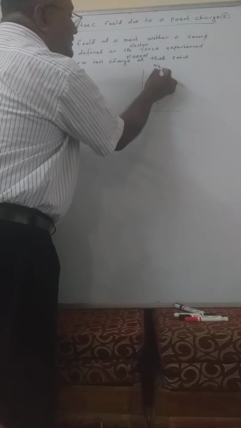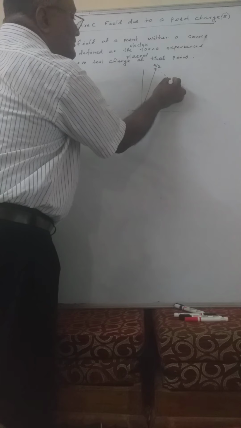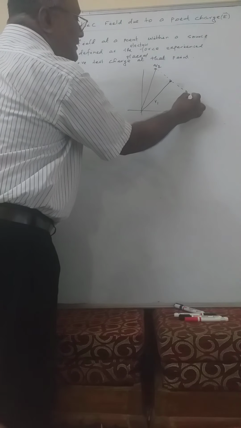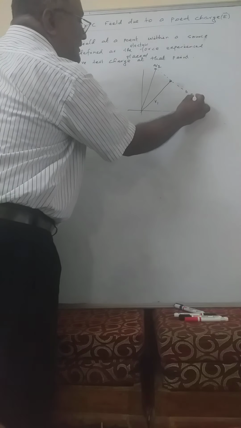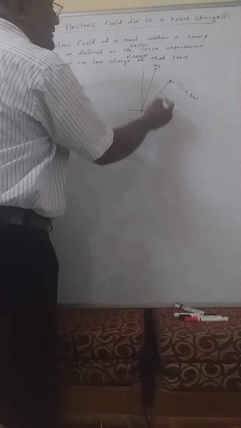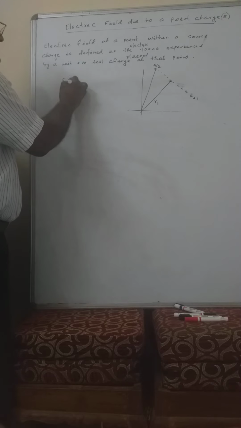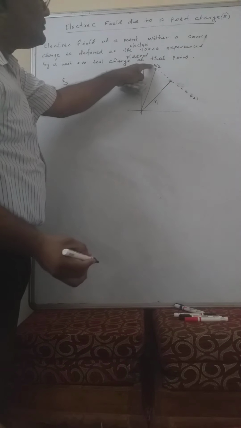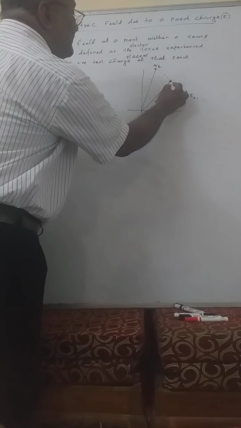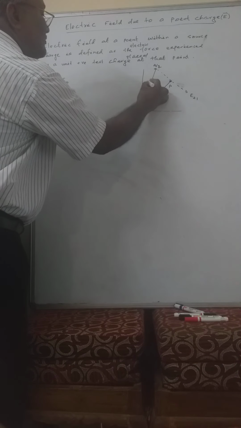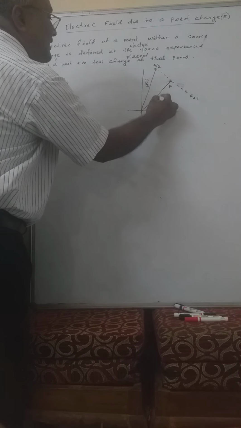The field direction will be positive, away. So this will be the direction of field. This is E21. So what is the magnitude of E21? E21 means electric field due to charge Q2 at point P. So this vector is r2 vector, position vector, and this one is r1 vector.